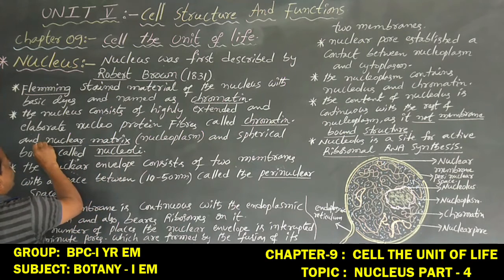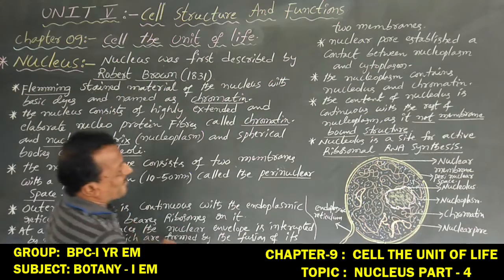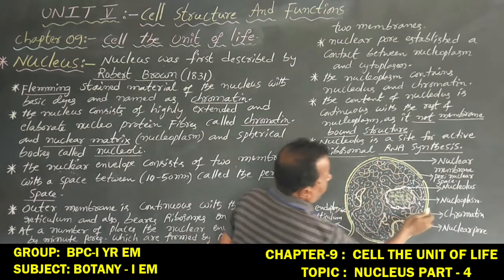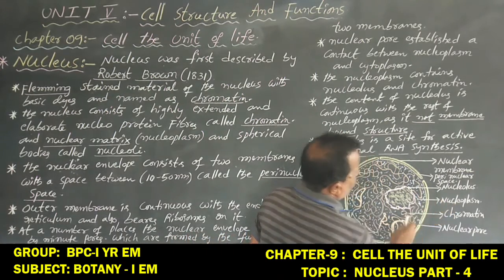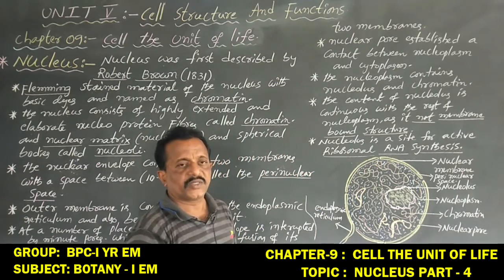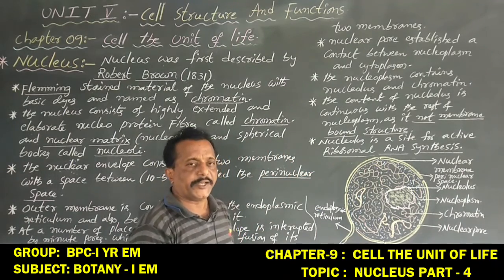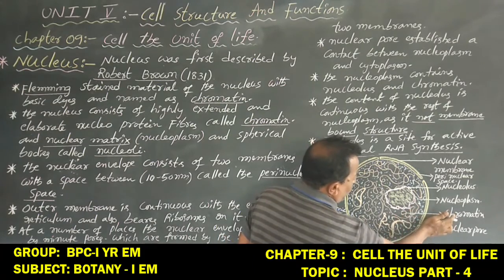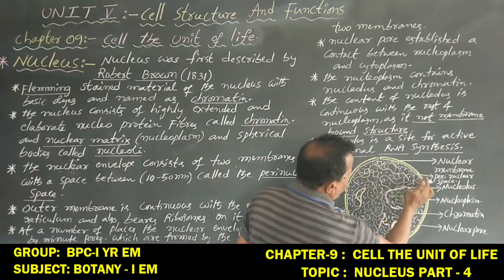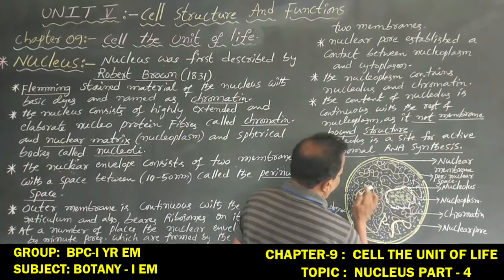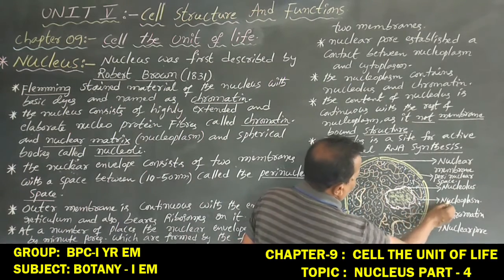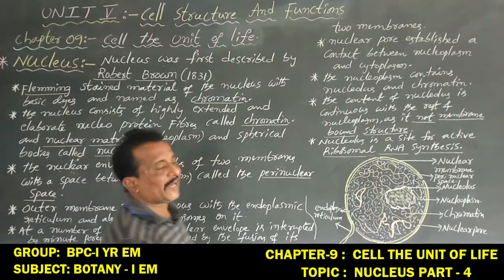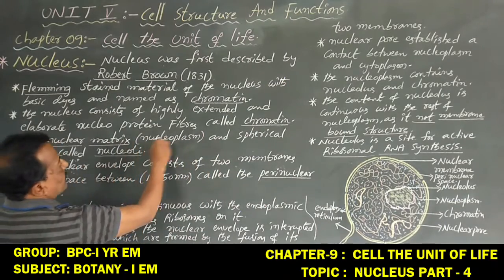And the nucleus contains a nuclear matrix. This is the nuclear matrix, that is known as nucleoplasm. The nucleus contains nucleoprotein fibers, called chromatin, and a nuclear matrix, called nucleoplasm.